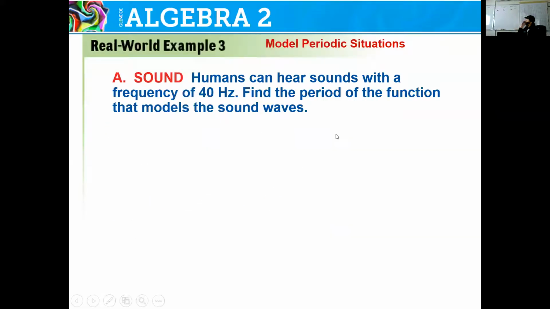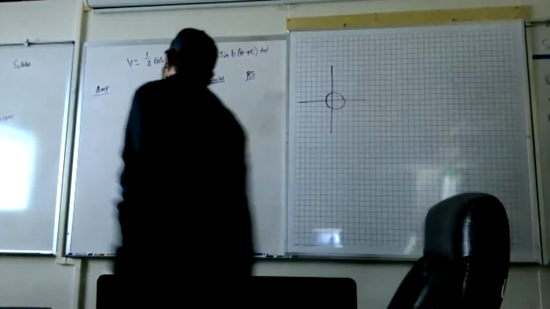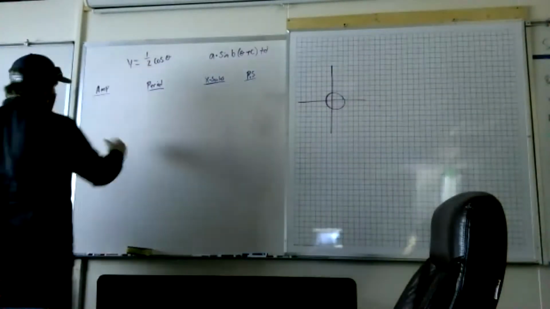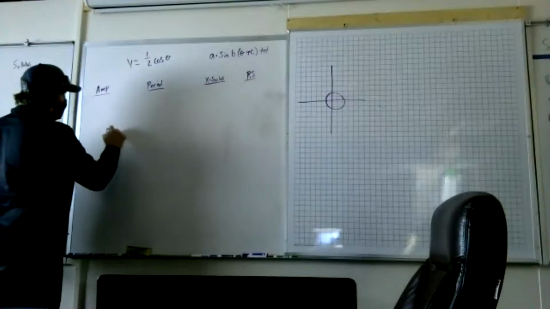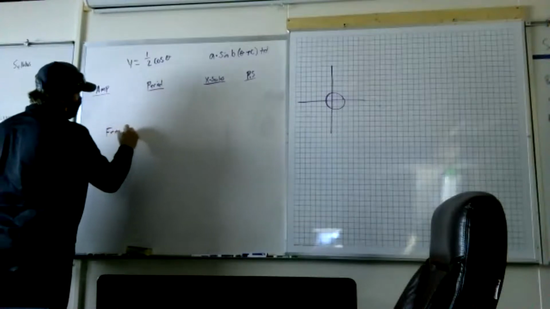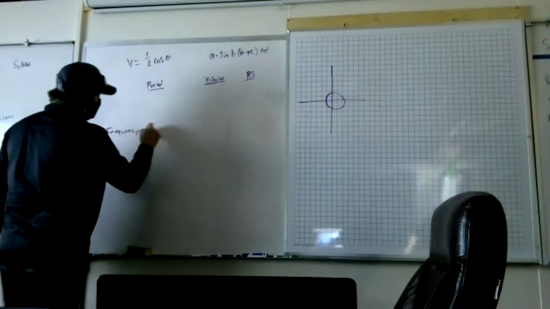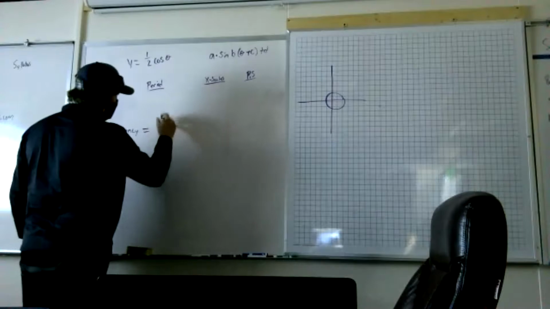All right, here's where it can get a little tricky. Humans can hear sounds with a frequency of 40 hertz. Find the period of the function that models the sound waves. Okay, hertz by definition is cycle per second. And your frequency is the reciprocal of the period.